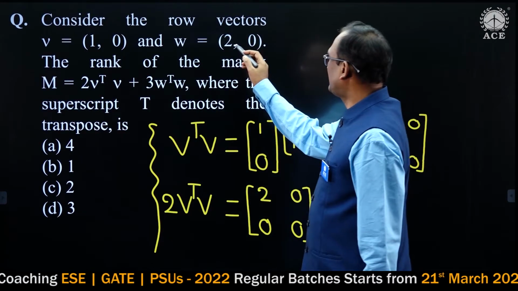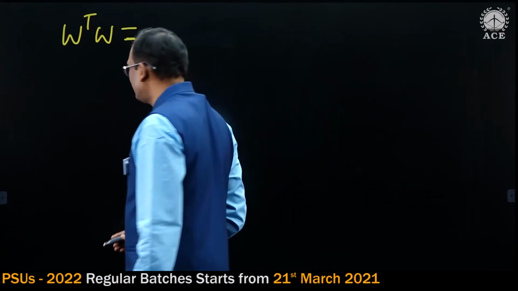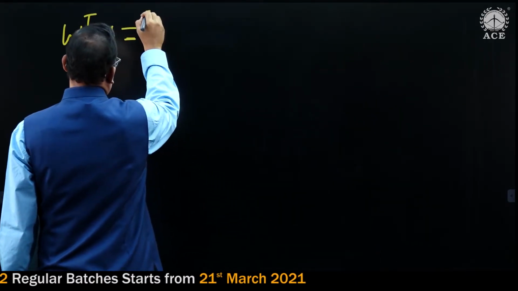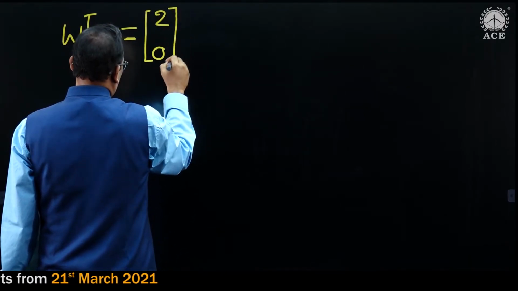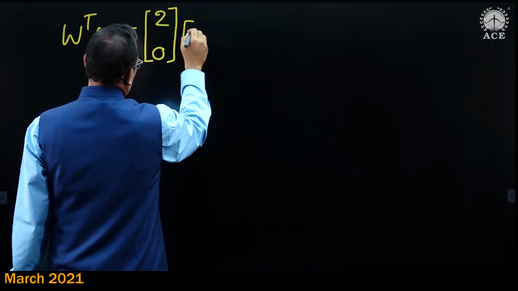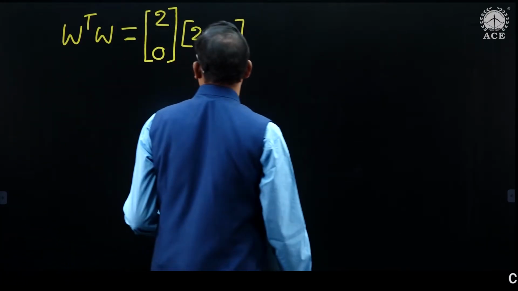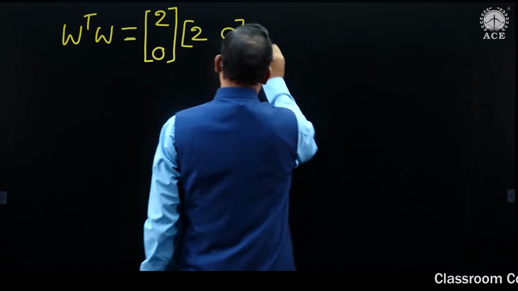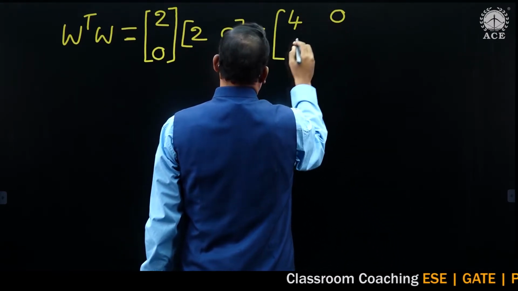That is a row matrix of 2, 0. W transpose means a column matrix of 2, 0, and W means a row matrix of 2, 0. Let us multiply these two matrices. This 2 into this 2, 4, 0, 0, 0.